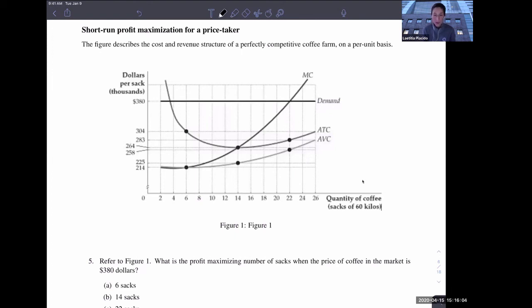What do you have on that graph? You have the cost function: marginal cost, average total cost, and average variable costs. You have also the demand curve. Here the demand curve is horizontal because the firm knows that it's going to sell each unit on the market at the market price. So here the demand is simply the market price.